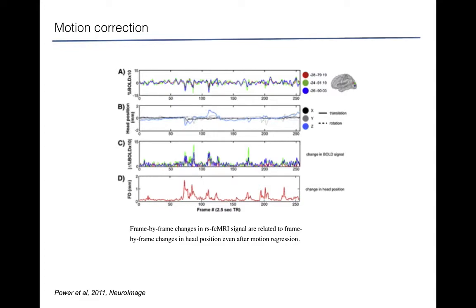This is also another plot showing that even after removing the motion parameters from the time series, so basically cleaning the data, we can still see high correlation between the percent change in bold and the FD measure. If you look at the 3rd row and the 4th row, you can see that the peaks are aligned. So even after motion regression, the data is not completely clean and there are some leftovers in the data.